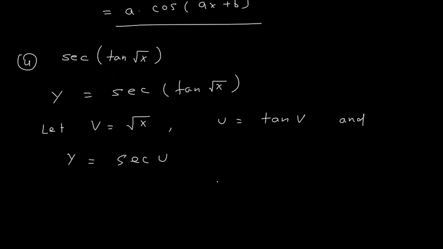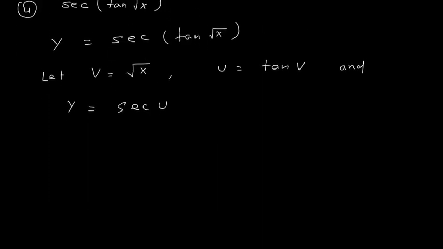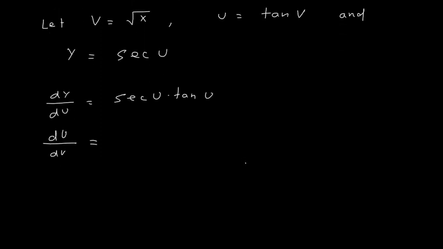So we take v as root x, u as tan v, and y will be sec u. What we will do is differentiate y with respect to u. So dy by du, the derivative of sec, is sec u into tan u. Then I will differentiate u with respect to v, because u is a function of v. So du upon dv, the derivative of tan, is sec square v.